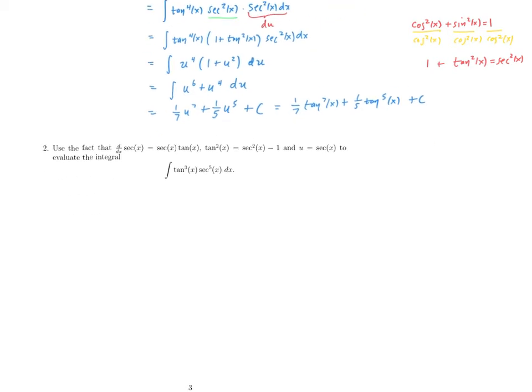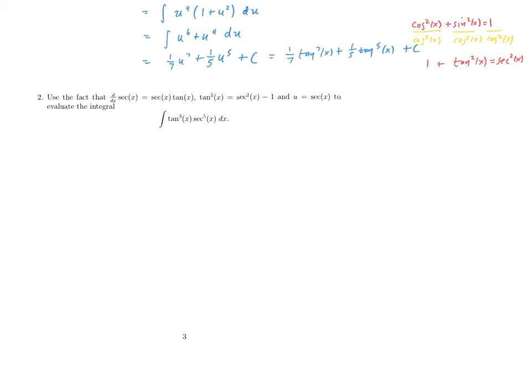And in this problem, if we follow the suggestion, it's to let u be equal to secant of x. So let's just think our way through this. If u is equal to secant, that requires du to be secant tangent. Looking at our integrand, that's telling us we need to pull off one of the tangents and one of the secants to play the role of our du.